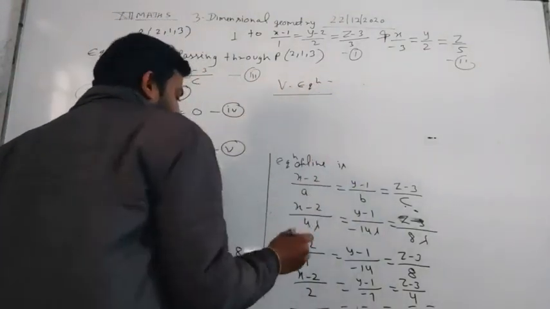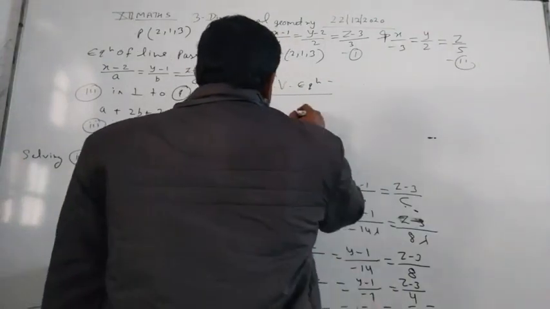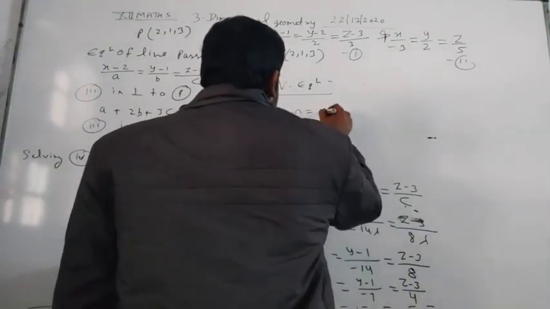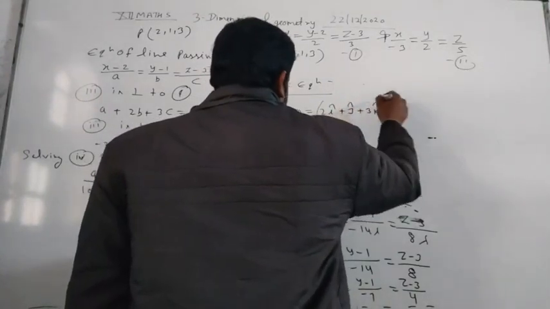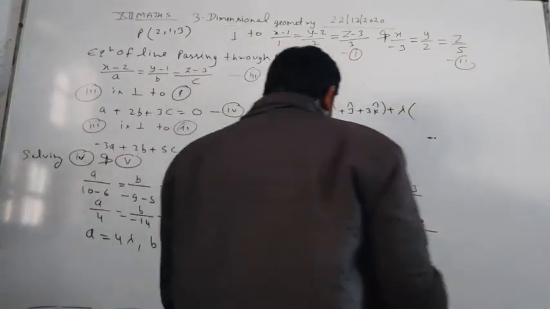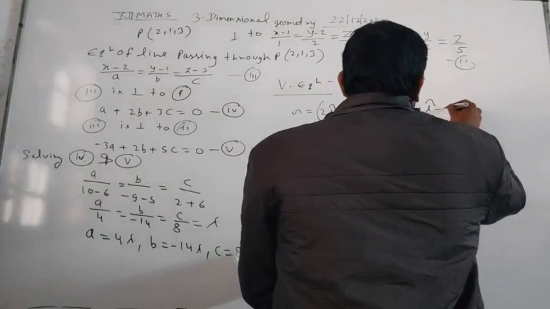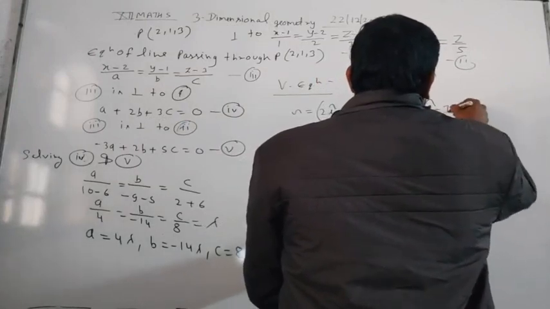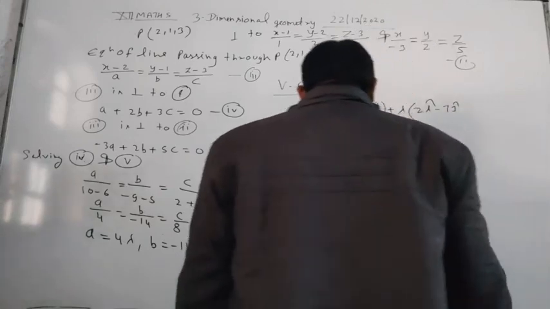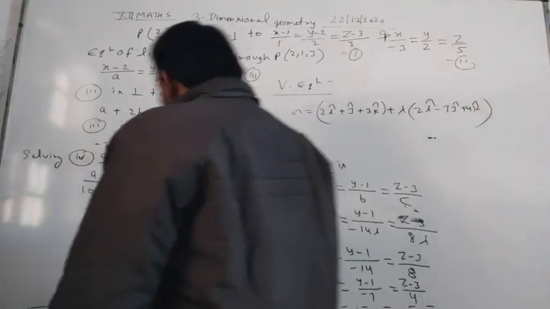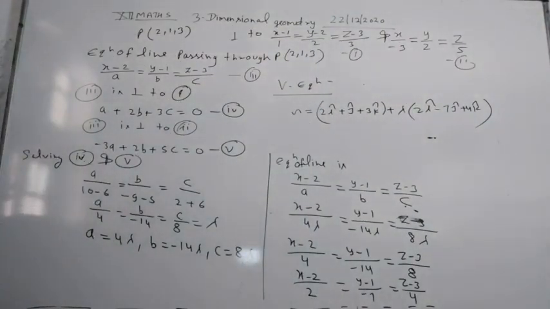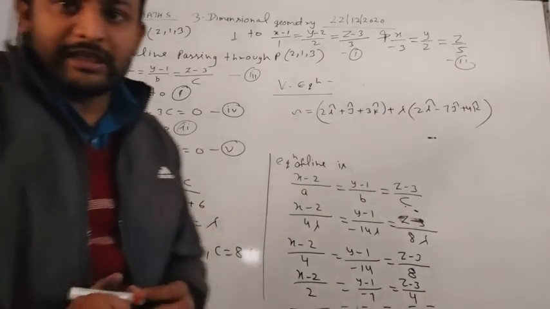So vector equation is r is equal to a, which is 2i plus j plus 3k, plus lambda times 2i minus 7j plus 4k. Okay student. So the vector equation of this line is 2i plus j plus 3k plus lambda 2i minus 7j plus 4k. I hope you understand students.